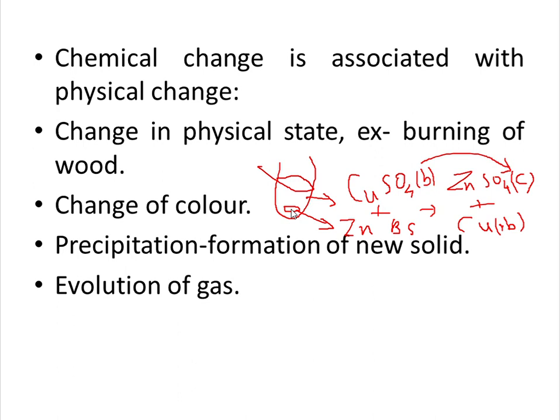Evolution of gas. To explain evolution of gas, I'll be taking another example. In this, I have taken a test tube. In the test tube, HCl is present, hydrochloric acid, aqueous HCl solution.